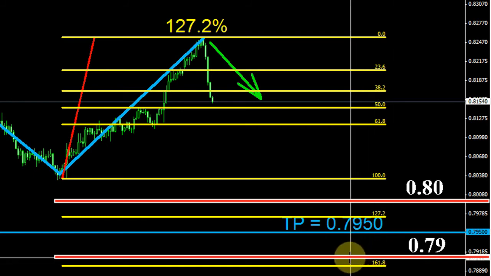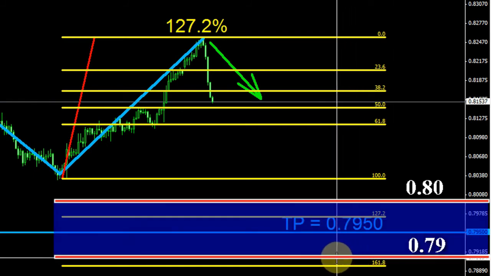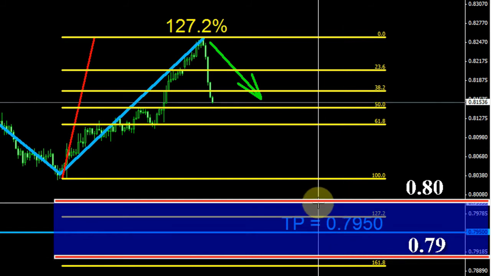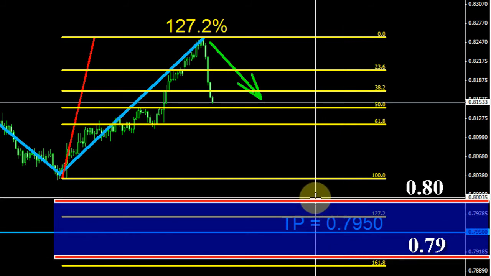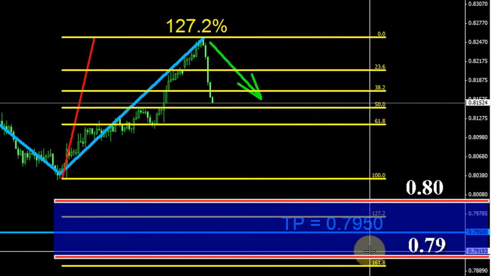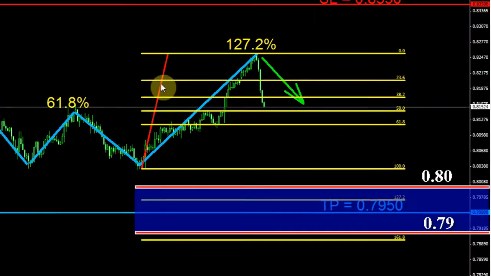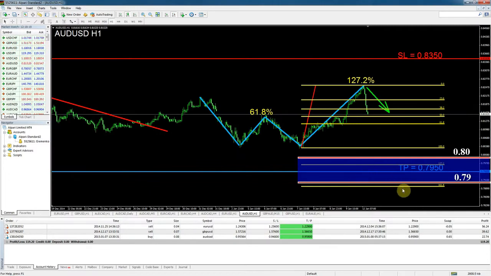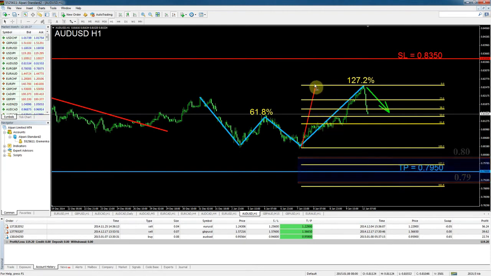So I want it to be above this other support line. If we do break the 0.80 level, then we don't have to worry about the 0.79 level. So that's how you establish where to set your take profit. It's either at 161.8% or 127.2 if you like. I'm setting it over here, somewhere in between.